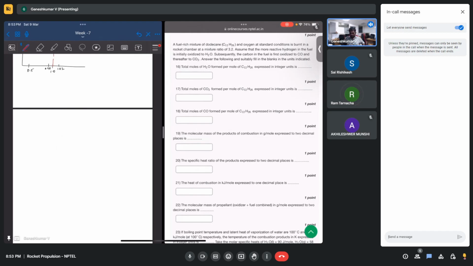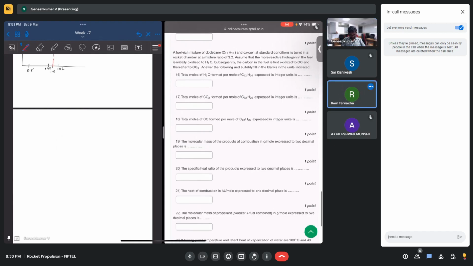So you will not have carbon left based on your calculation of mixture ratio for 3.2. We have already used 12 C, and 9 oxygen is remaining.